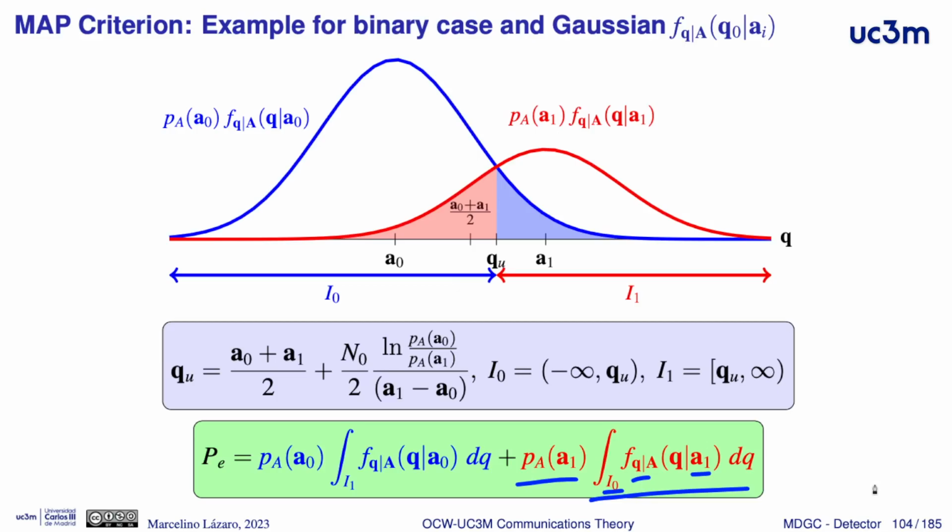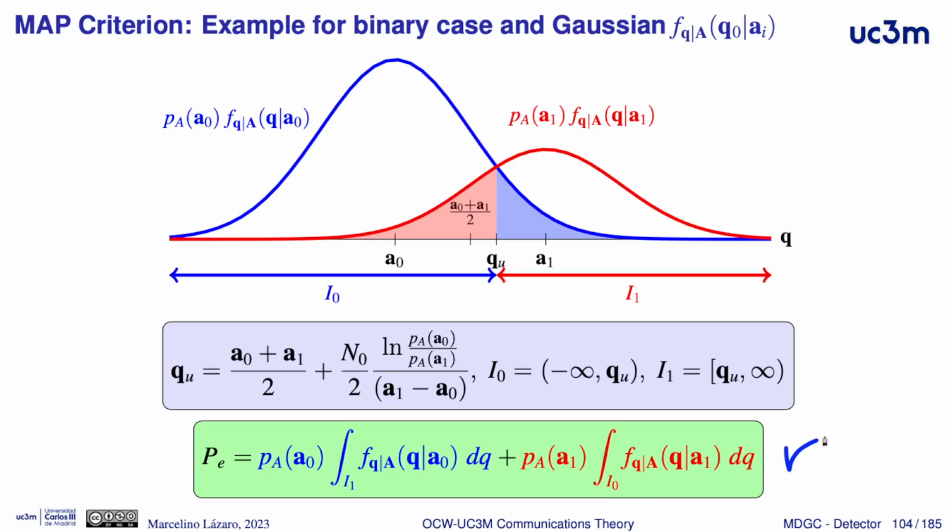This second term, the product between the probability of transmitting A1 and the integral of the conditional distribution of Q given A1 out of the decision region of A1, this is in the decision region of A0, corresponds to the area in red in this picture here. And the probability of error is the addition of the area in blue and the area in red.